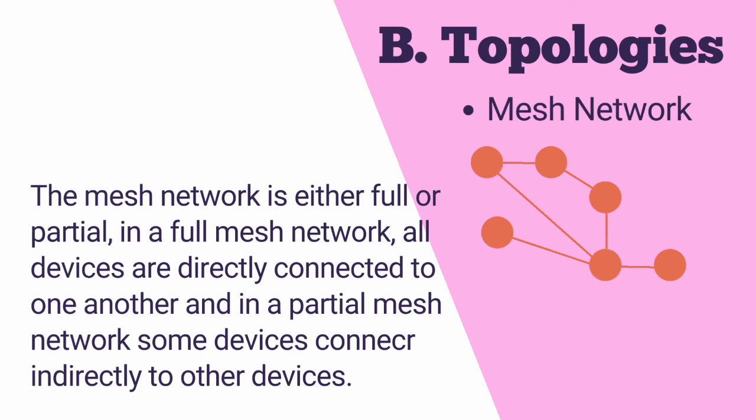And in a partial mesh network, some devices are connected indirectly to other devices. In our diagram on your screen, that is an example of a partial mesh network. So network topologies can be combined to attain certain network objectives.